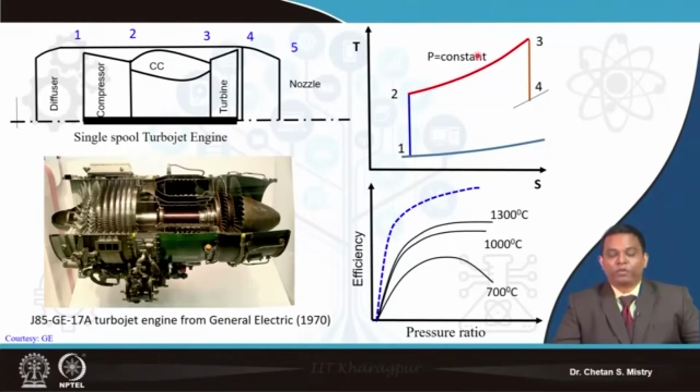The next component is the exhaust nozzle, where an expansion process takes place, represented here from process 4 to 5. The exhaust comes out of this engine and goes to the atmosphere. So this is the fundamental idea of the gas turbine engine applicable for aero application.